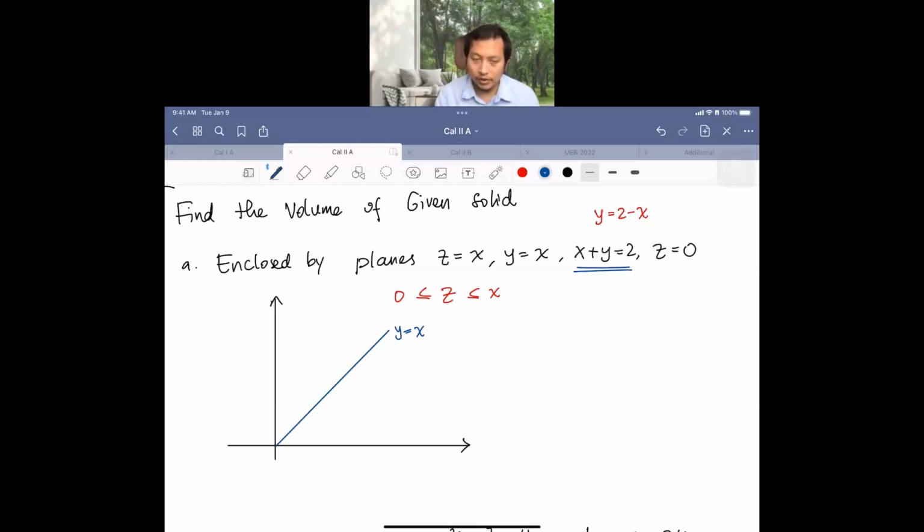So x plus y equals 2 will be, let me go maybe around here, this will be 2, and this will be 2, right? So I will connect these 2 points.